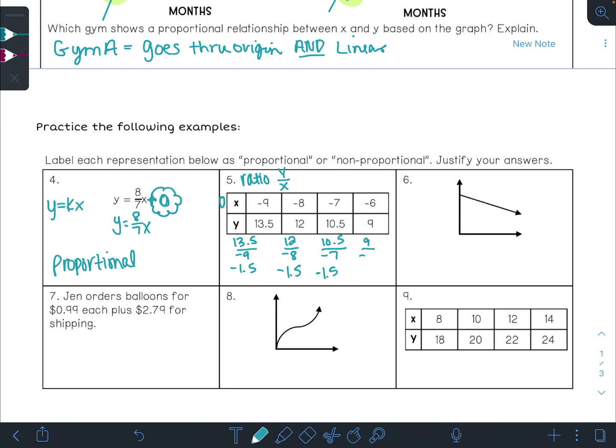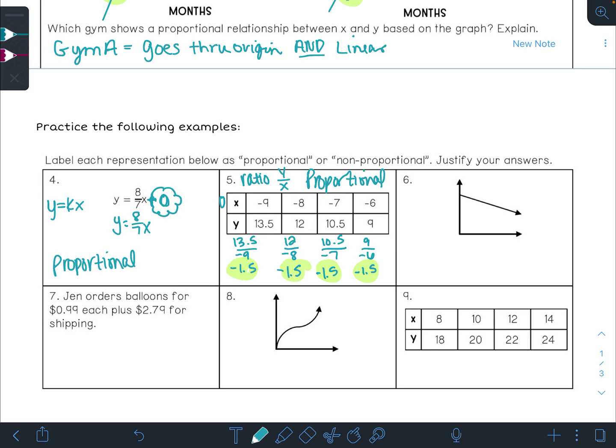And 9 divided by -6, which gives me a -1.5. So notice that each one of these, I have the same ratio whenever I simplify them down. And because I have the same ratio, that makes this a proportional situation.